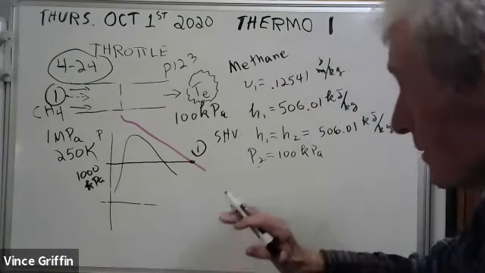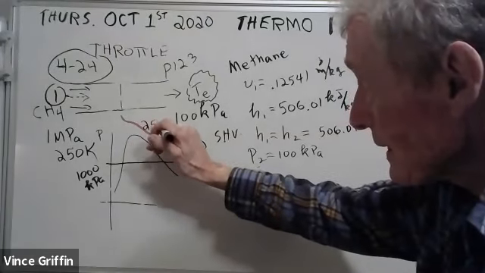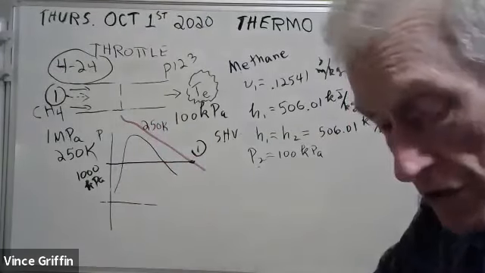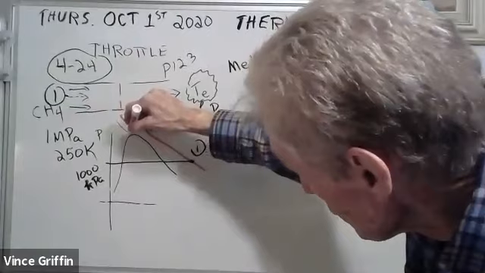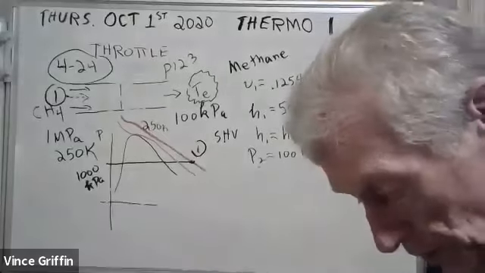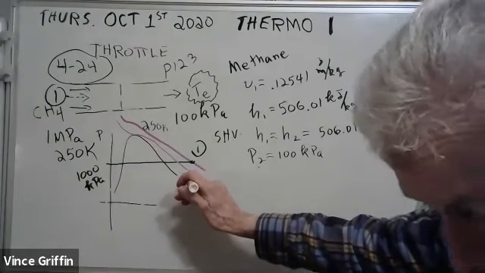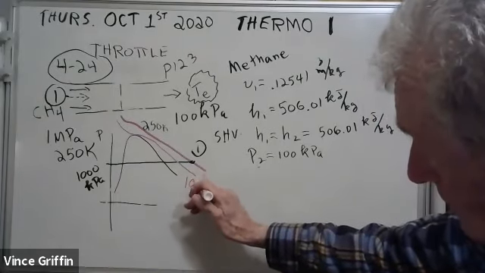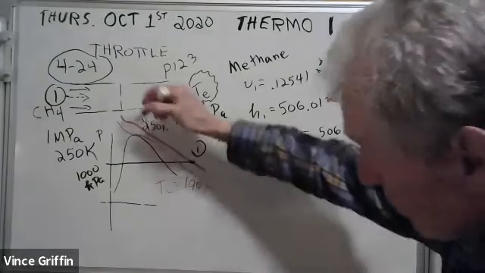I know that because the 250 Kelvin is hotter than the critical isotherm. The critical isotherm, I'm so glad you asked, is 190.6. They call that the critical isotherm.